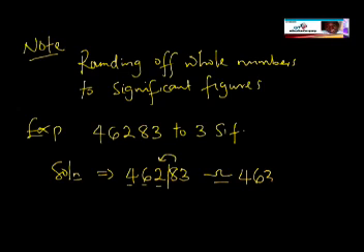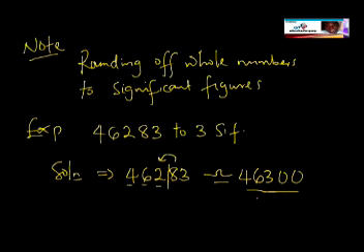Now these other numbers will become 0, 0, but you cannot do away with them. The reason is because they are whole numbers, so they are defining the property of this number. If you do away with them, the number probably becomes 463, but if you leave them there, it becomes 46,300. So these are two different numbers. The zeros here are defining the property of this number, so you cannot forget about them.